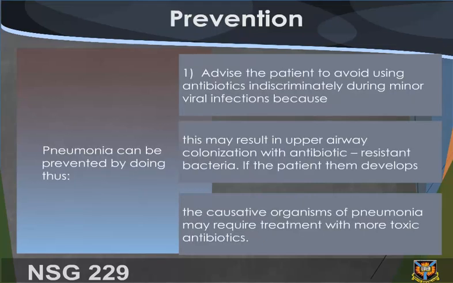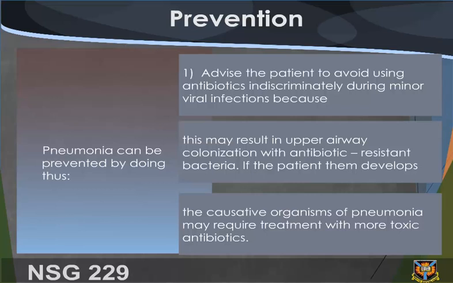Prevention. Pneumonia can be prevented by doing the following. 1. Advise the patients to avoid using antibiotics indiscriminately during minor viral infections because this may result in upper airway colonization with antibiotic-resistant bacteria.